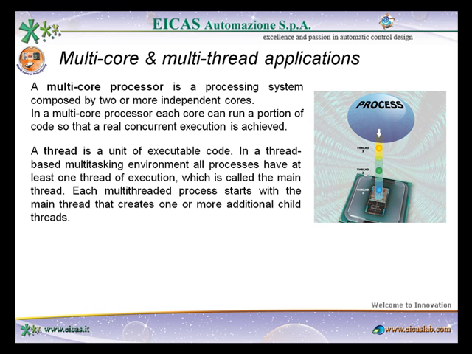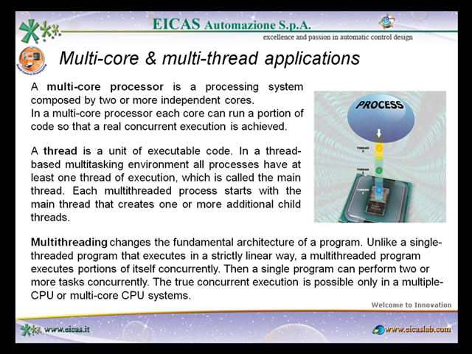A thread is a unit of executable code. In a thread-based multitasking environment, all processes have at least one thread of execution, called the main thread, and each multi-threaded process starts with the main thread that creates one or more additional child threads.